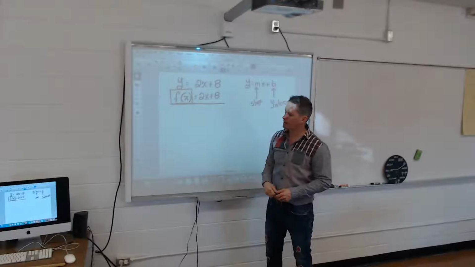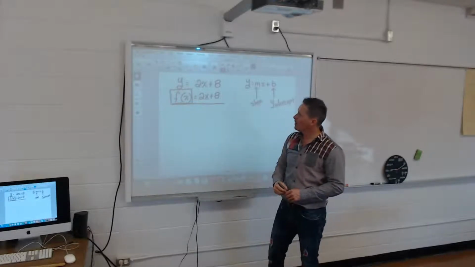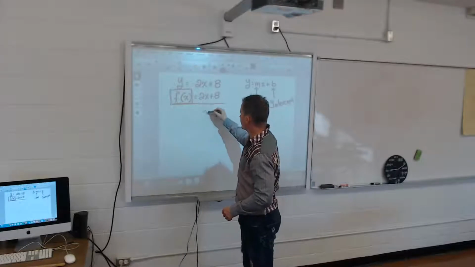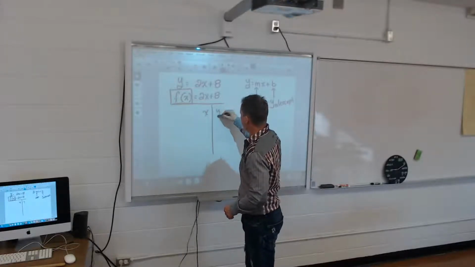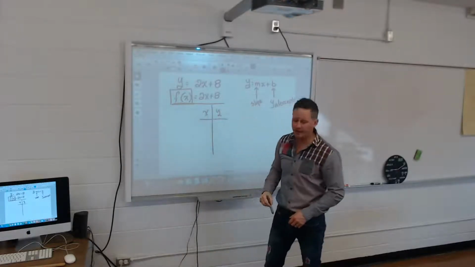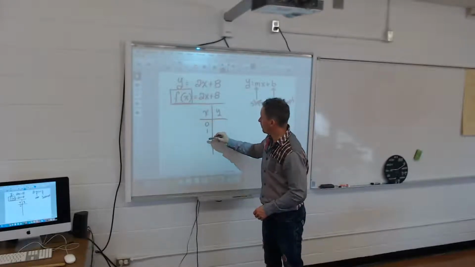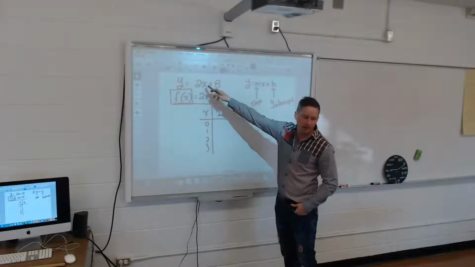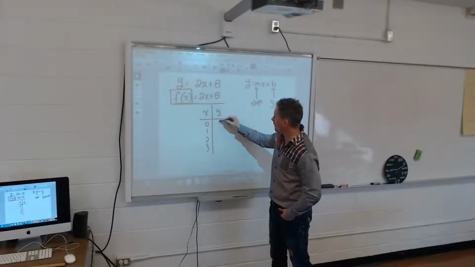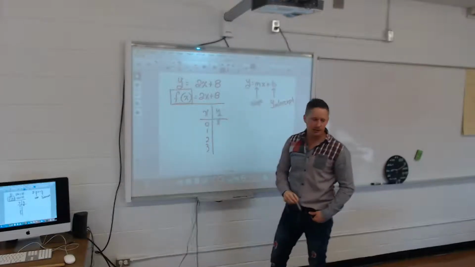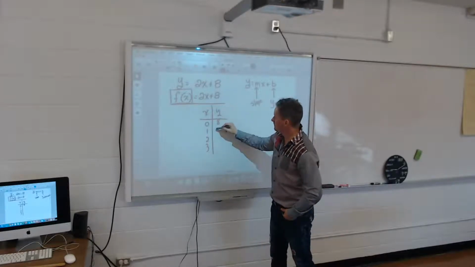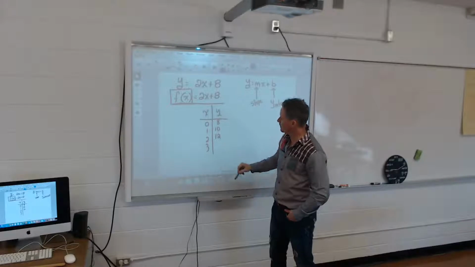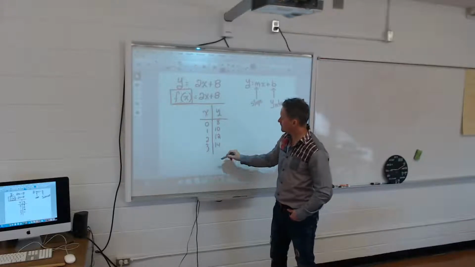This is a function. So what you were taught before is if I took y equals 2x plus 8, I can create a table of values. I'll just put 0, 1, 2, and 3 in. I would plug 0 in for x, and I would solve for y. So 0 and 8, 1 and 10, 2 and 12, 3 and 14.